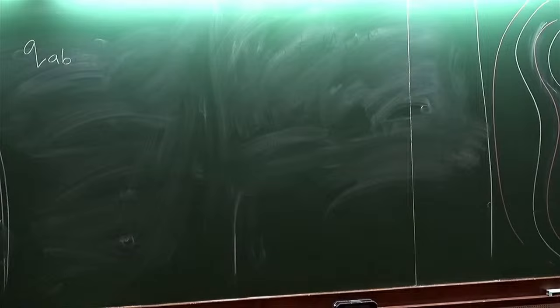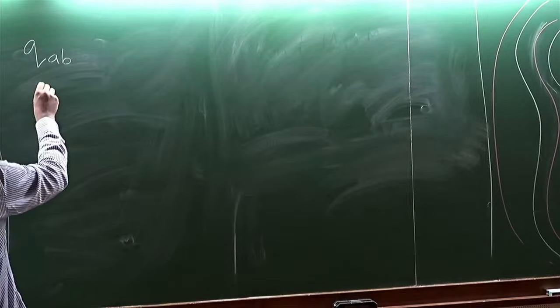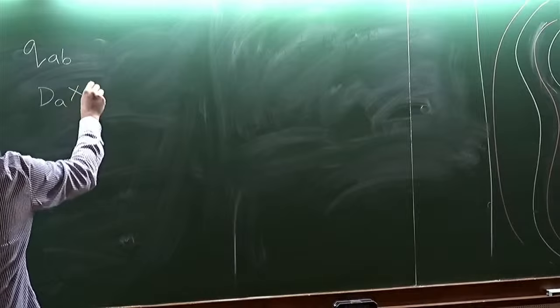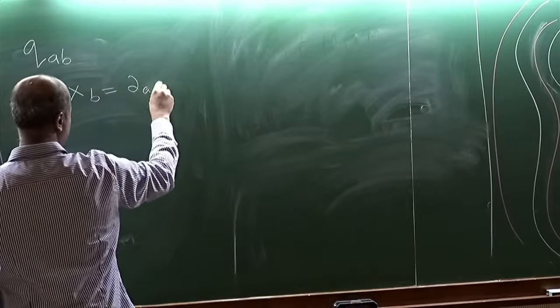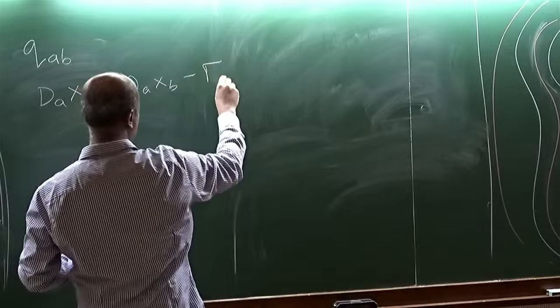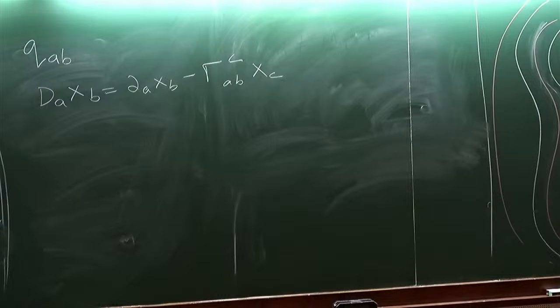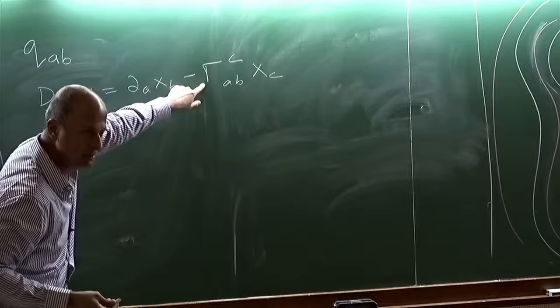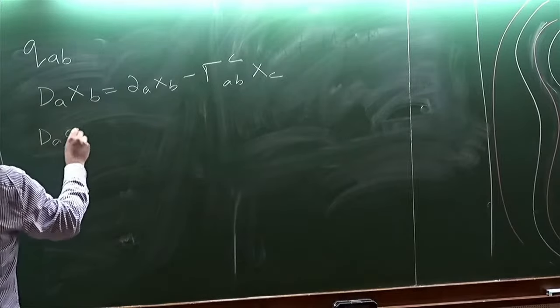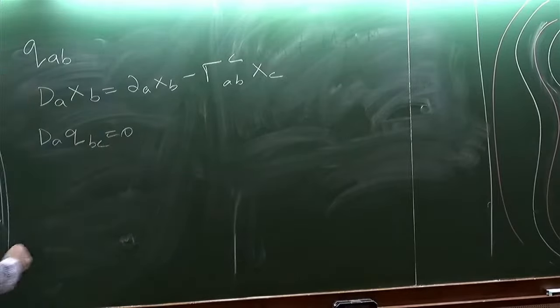You want to say that D_a of some vector X^b should be the partial derivative minus the Christoffel symbols Gamma^b_{ac} X^c. And you want to find the Christoffel symbol such that D_a of q_bc is 0. This is what you do in your standard GR course, this is how you get the equation for the Christoffel symbols. So let us see what that implies.